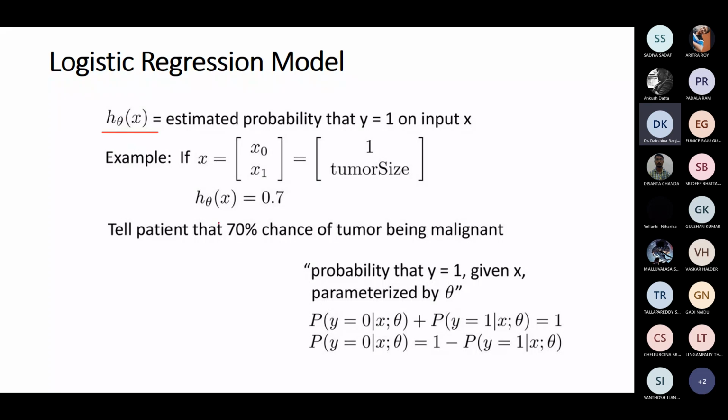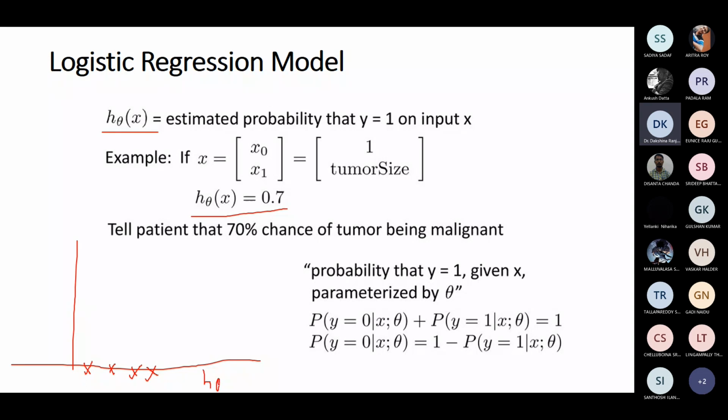Now here let us consider that h theta x is found to be 0.7. Okay, so let us consider here we have some examples, and this is h theta x.